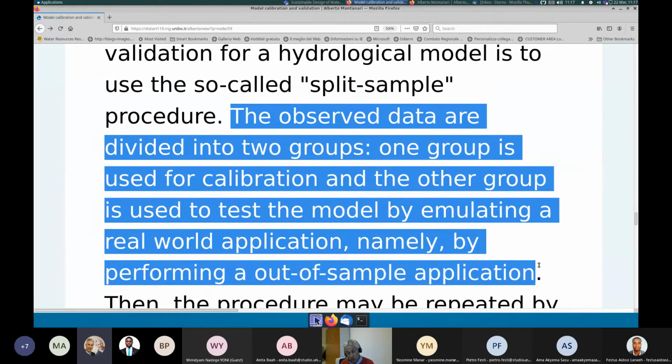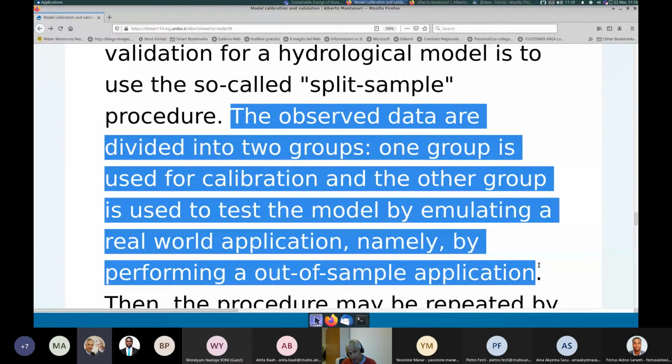And also, what you may do in this case is to rotate the year that is left out. So if you have 10 years of data, and you decide that 9 years are used for calibration and 1 year for validation, then you can make validation 10 times by rotating the year that is left out.